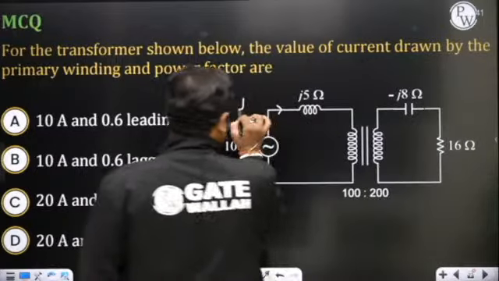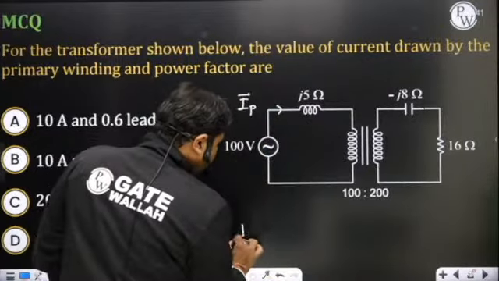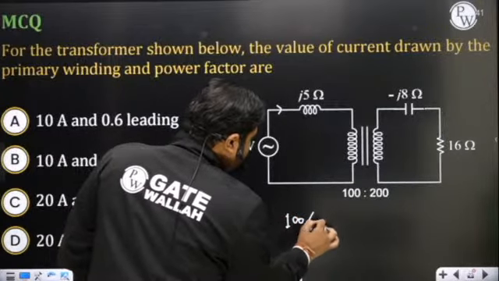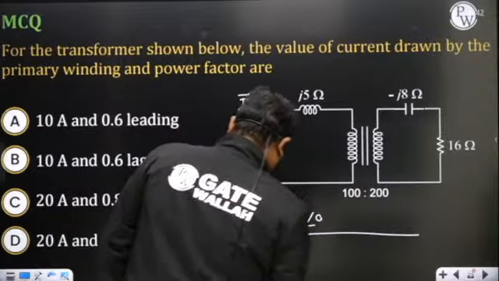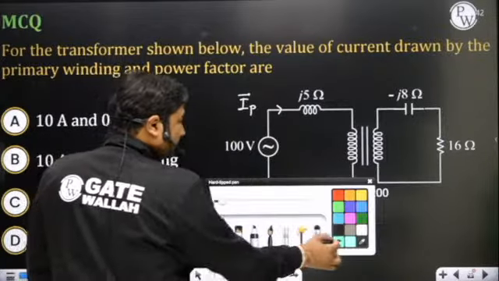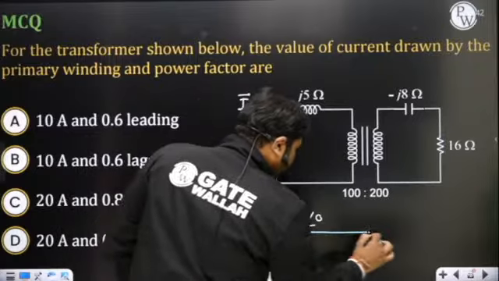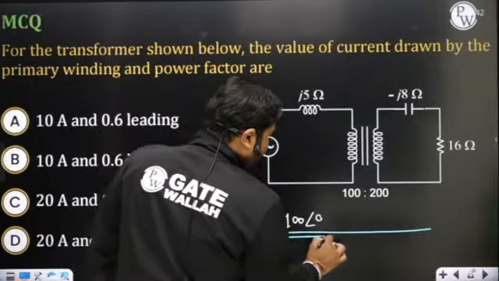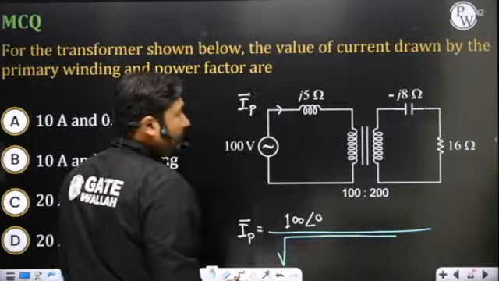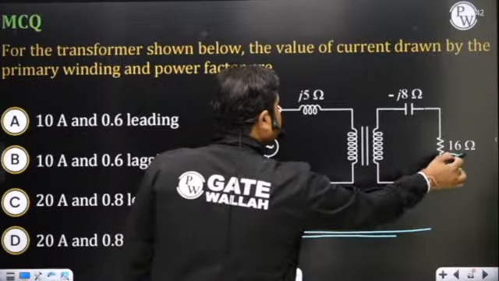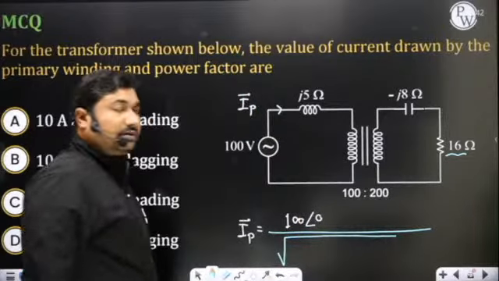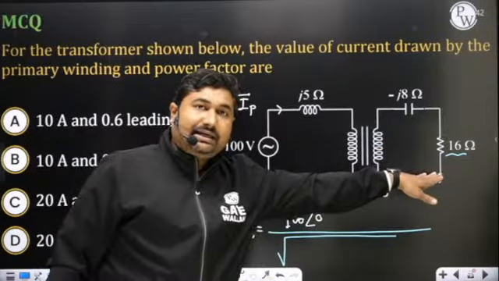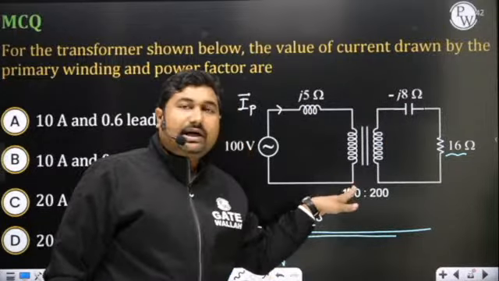primary current IP as V, that is 100 volt at an angle 0, divided by, please observe, root over of R equivalent. So this is 16, when you refer it on the 100 volt side, then this will become 16 into (100 by 200) square.